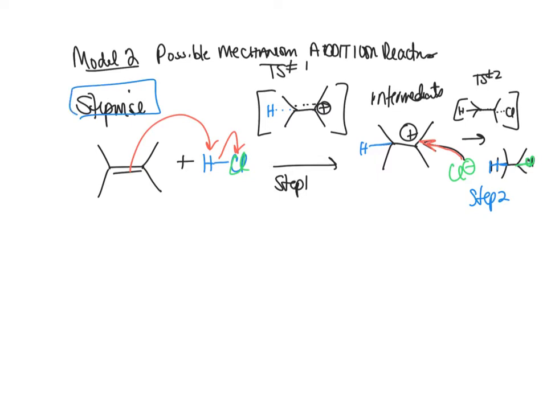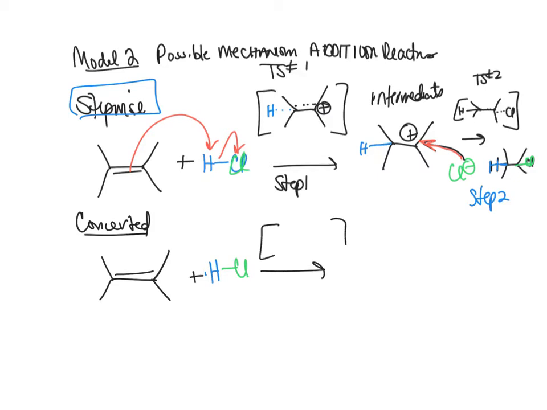See how we have step 1, step 2, and then we could also have concerted. So we're not going to have an intermediate, and you just have a transition state, and you only have one.